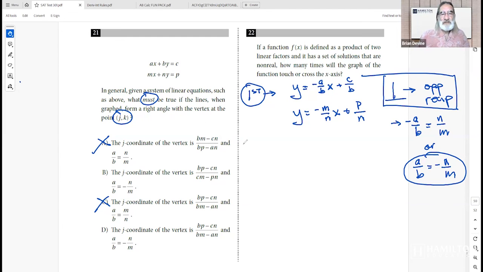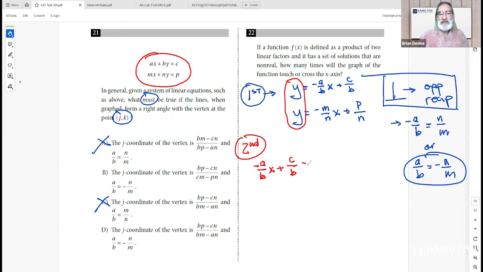The other part of it, well, second, if these two lines intersect, they equal the same y value at that point. So the two lines got to be equal. So I have negative a over b times x plus c over b has to equal negative m over n times x plus p over n at that point of intersection. Well, I can even stick in J and K right now.